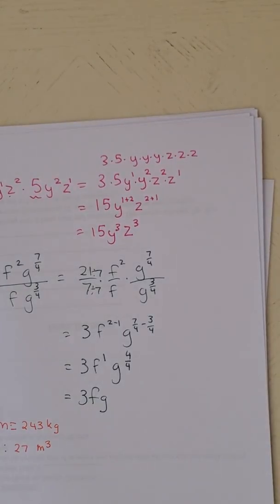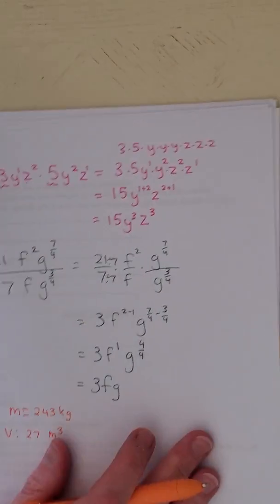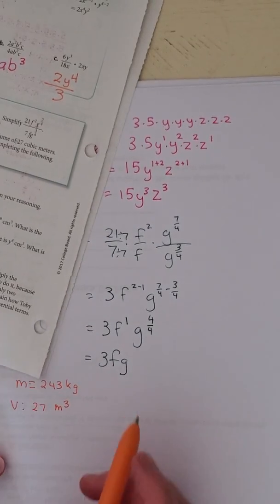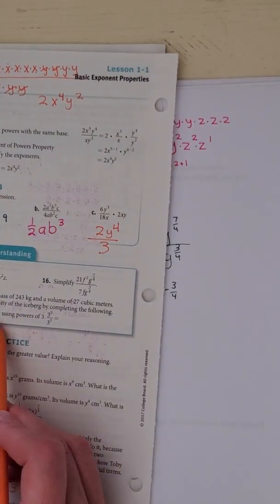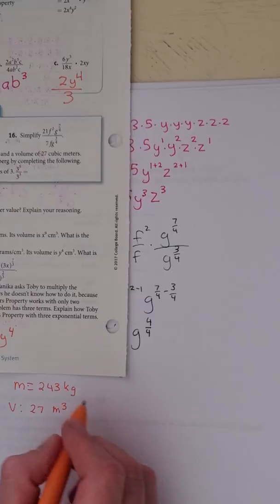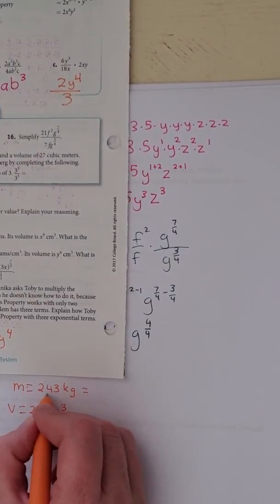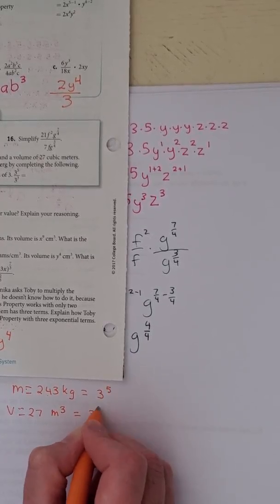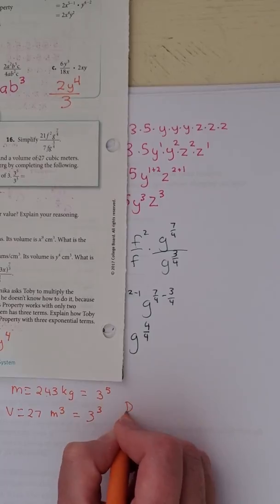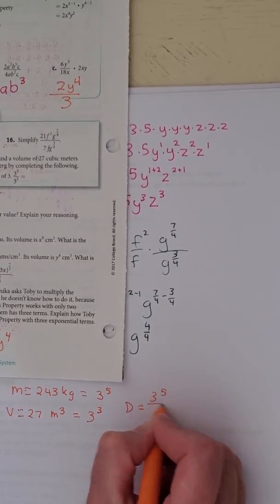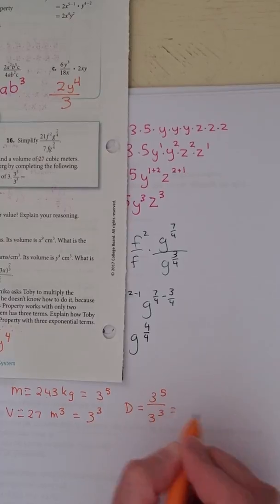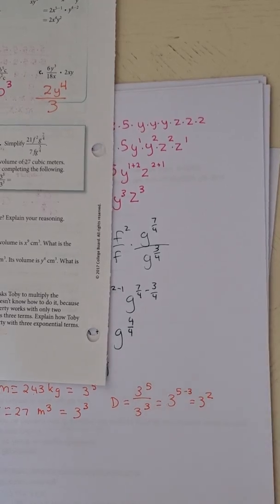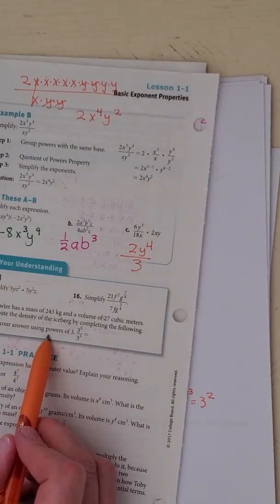It says to compute the density of the iceberg by completing the following, and to write your answer using powers of 3. So they want us to rewrite this as, this is 3 to the 5th power. This is 3 to the 3rd power. So our density will be our mass over our volume, which is 3 to the 5 minus 3, or 3 to the 2nd. And it says to leave it as a power of 3.